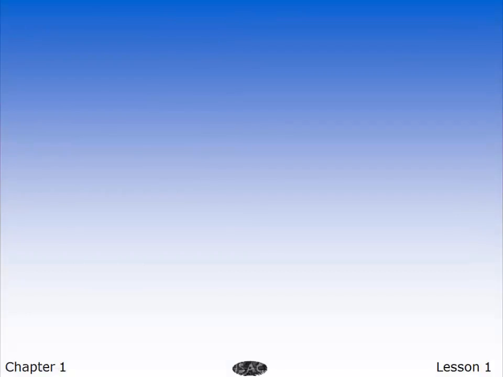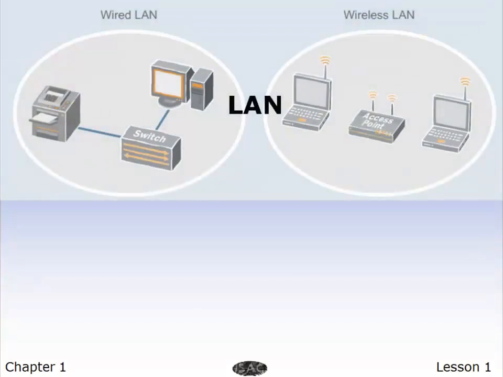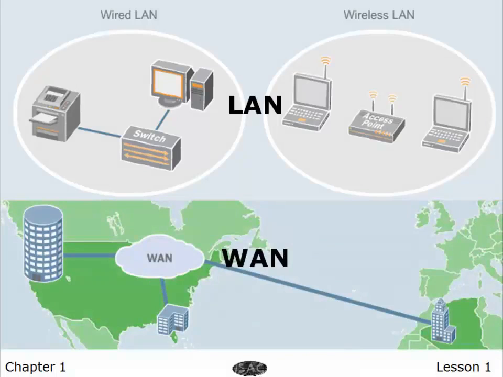Let's continue. Now we know two types of networks. They are LANs, or local area networks, which can be of two types: wired LANs or wireless LANs, or a combination of them. And the WANs, or wide area networks.